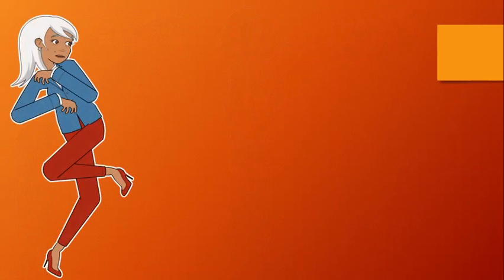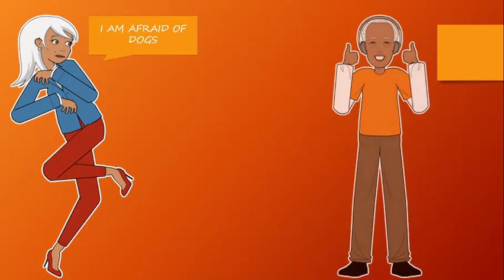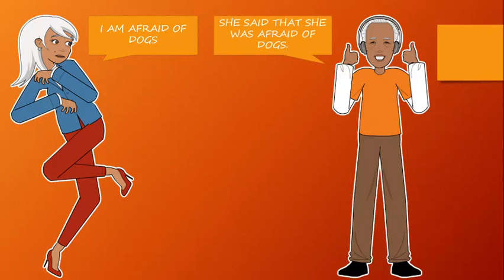This old lady says, I am afraid of dogs. And our music lover uncle is back and he's again really enjoying the situation. He says, she said, note again this villain, this culprit, said. And you can easily understand what is coming next.